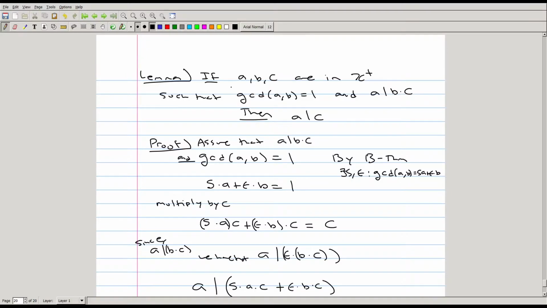So if we go through and look at this lemma right here, we see that if A does not divide C, then either A does not divide B times C, or the greatest common divisor of A and B is not equal to 1.